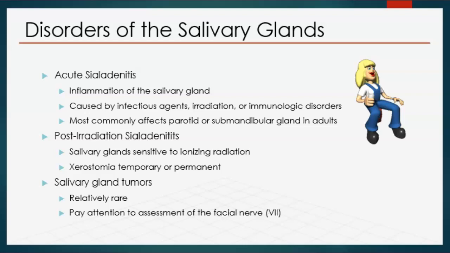Disorders of the salivary glands. Acute sialadenitis is, again, an inflammation of salivary glands. The most common bacterial organisms are Staph aureus, Streptococcus pyogenes, Strep pneumoniae, and E. coli.